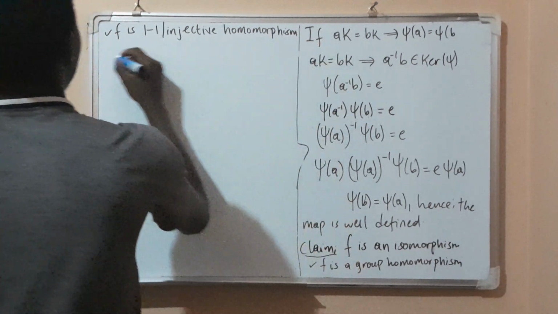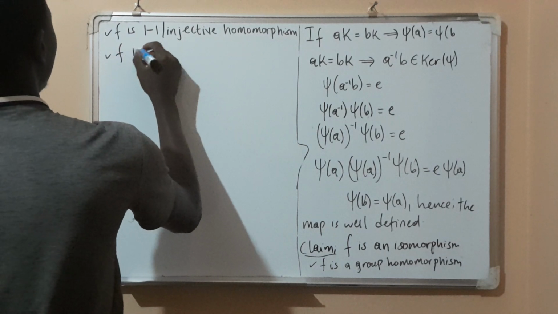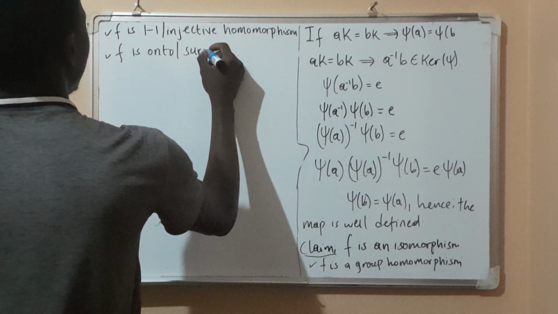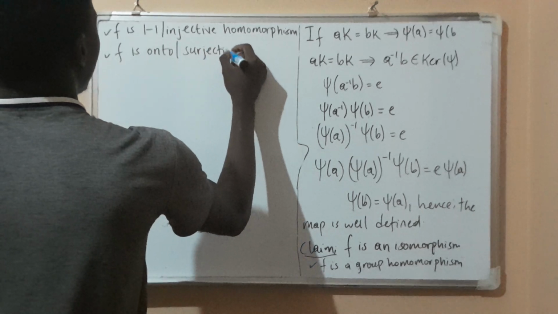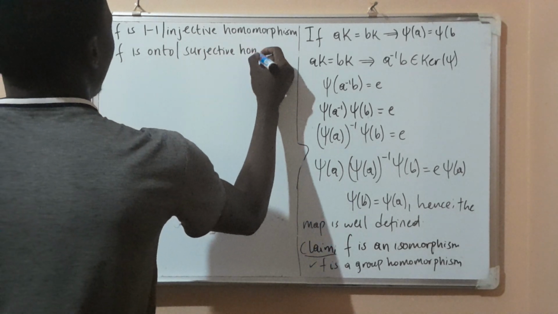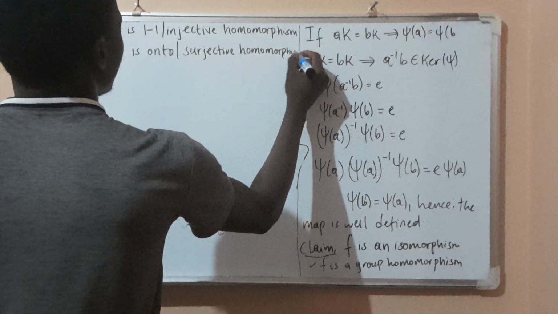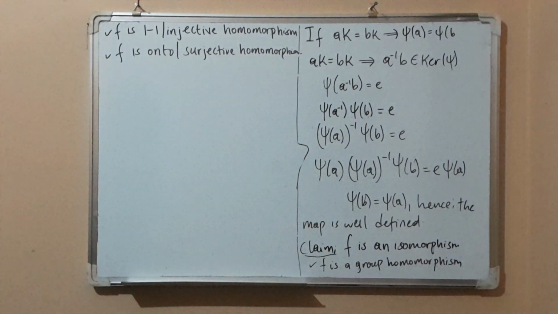We also have to show that F is onto, surjective homomorphism. If you are able to prove those three cases, then F is an isomorphism.